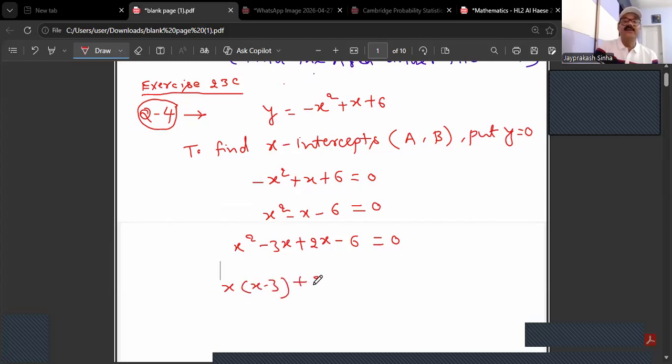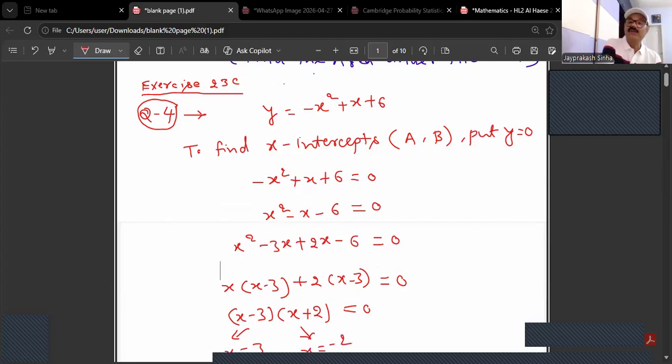Here we can take 2 common, so it will become x minus 3, equal to 0. It means x minus 3 again we can take common. So this is (x minus 3) into (x plus 2) equal to 0. So x minus 3 will give us x equal to 3, and x plus 2 will give us x equal to minus 2.